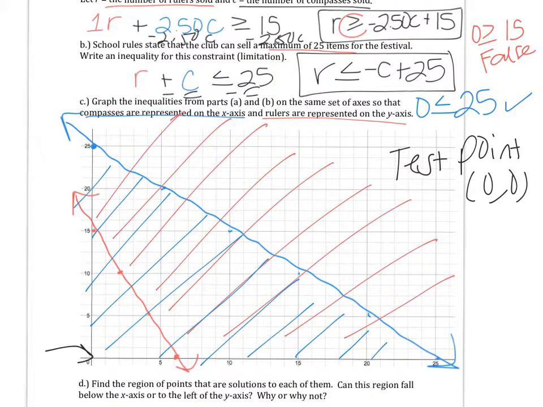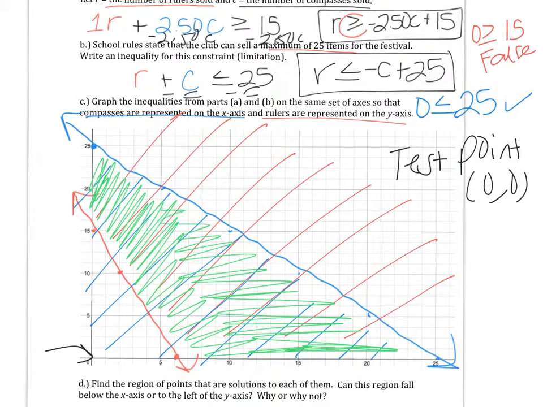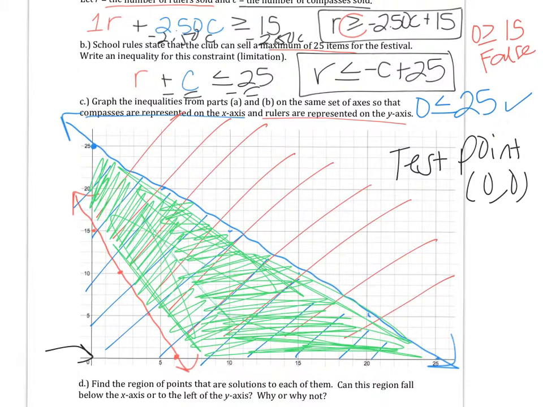So I'm going to use, let's say, green, and I'm going to shade where it is overlapping. Anything in this area would satisfy both inequalities. Any of these points for R and for C, for the compass and for the ruler, would be true.